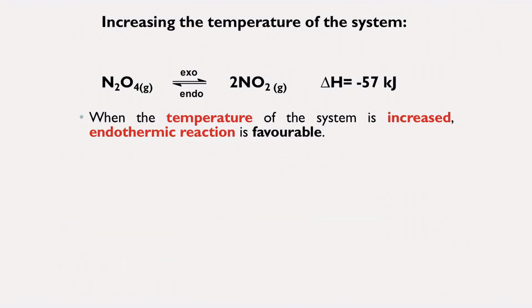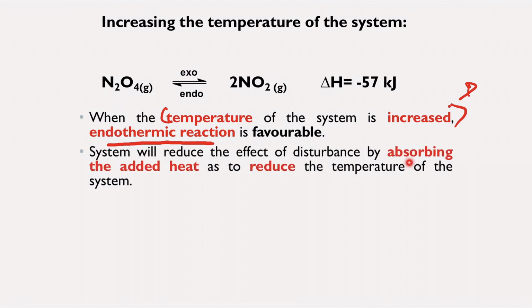Right? So, when the temperature of the system is increased, this is your disturbance. The endothermic reaction is favourable. Okay, why? Because endothermic means to absorb heat kan? So, system will reduce the effect of disturbance by absorbing the added heat so as to reduce the temperature of the system.